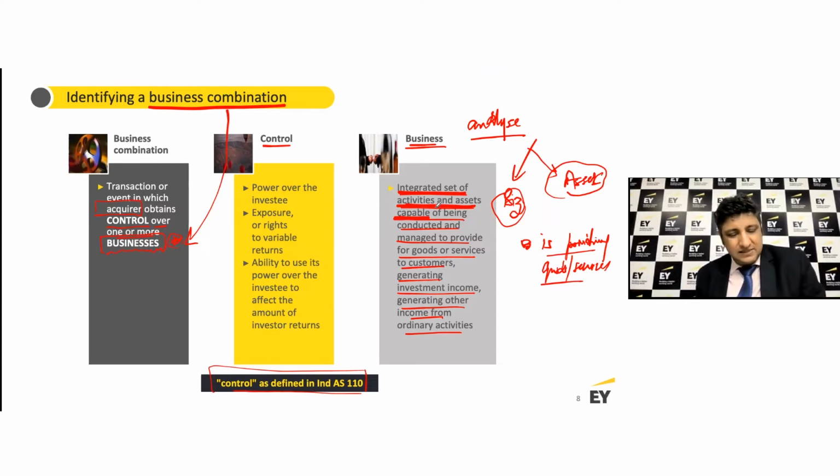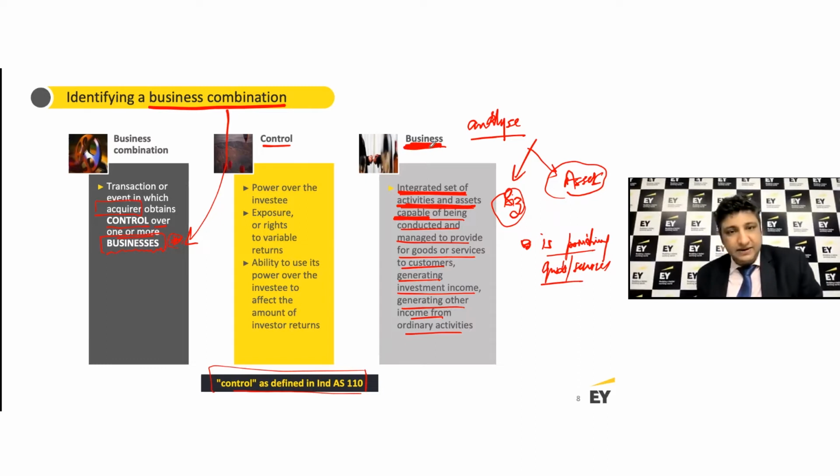And that's pretty common in some industries. For example, in the pharmaceutical industry, a significant amount of time is spent purely on the research front. So when you look at an acquisition of a running set of activities, would it meet the definition of a business?